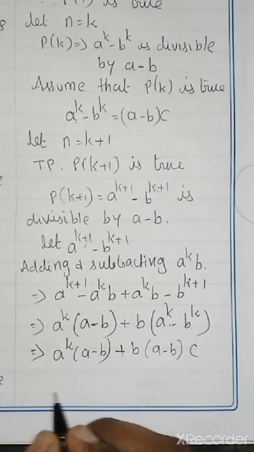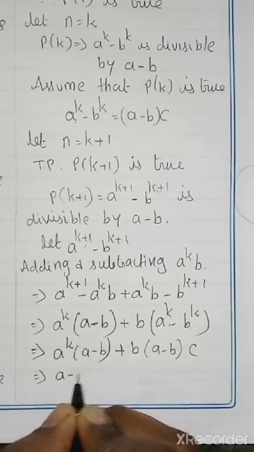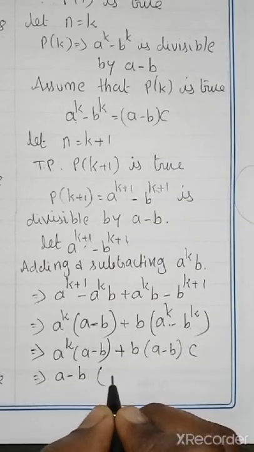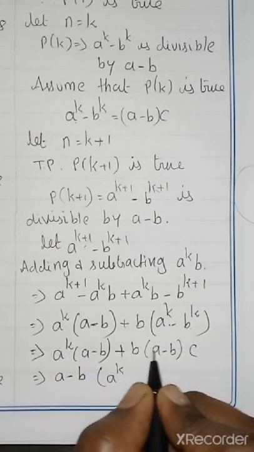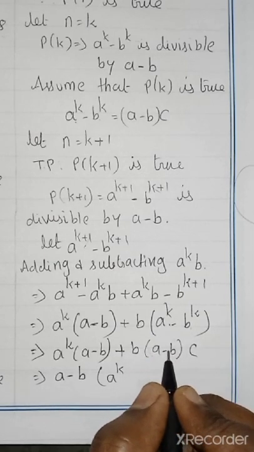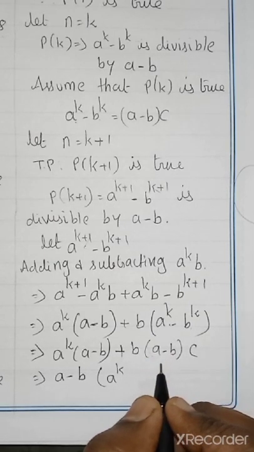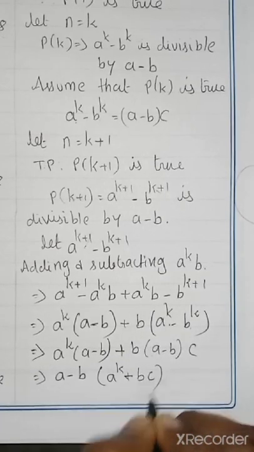Correct? So here a minus b is common, so we can take a minus b common. So what will be remaining? Here a power k will be remaining, and here a minus b we are taking out, right? So here you will get bc, correct? That is, plus bc is remaining.